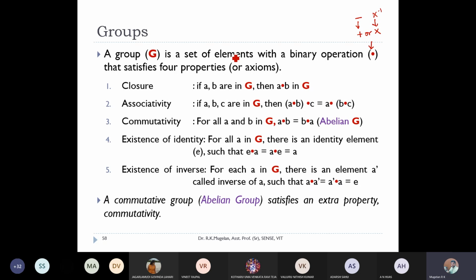So we have a set of elements along with a binary operation which satisfies certain properties. Below we can see 5 properties, out of which 4 are compulsory.